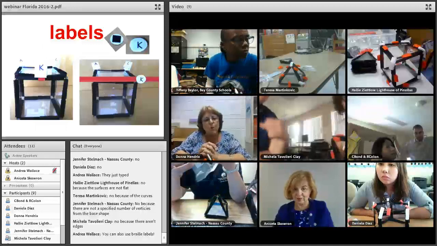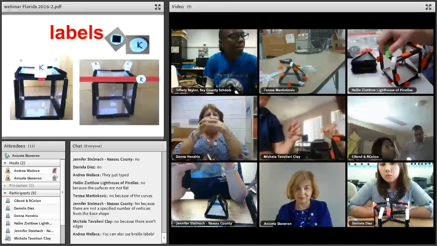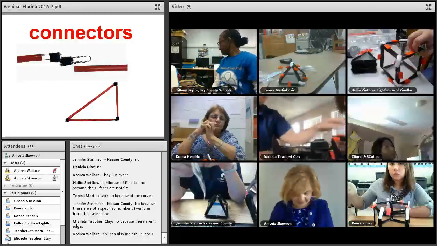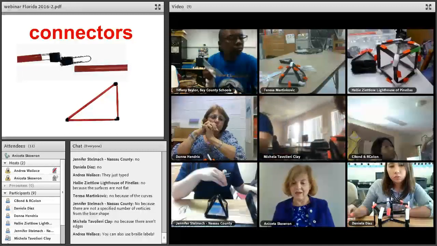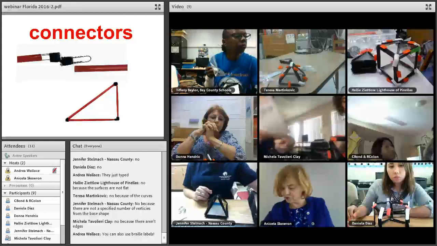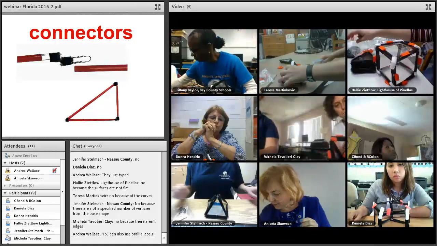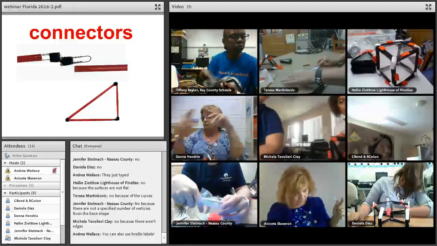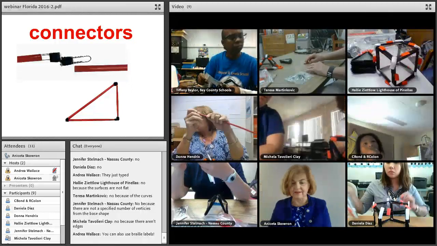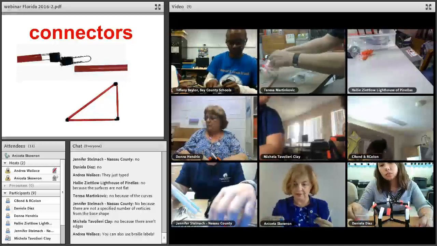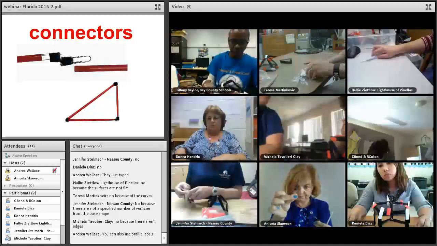So I showed you some labels. Now, connectors, a very important thing. For this, you have in your pouch some drinking straws, and some paper clips that have Velcro at the end, like that. Can you see?